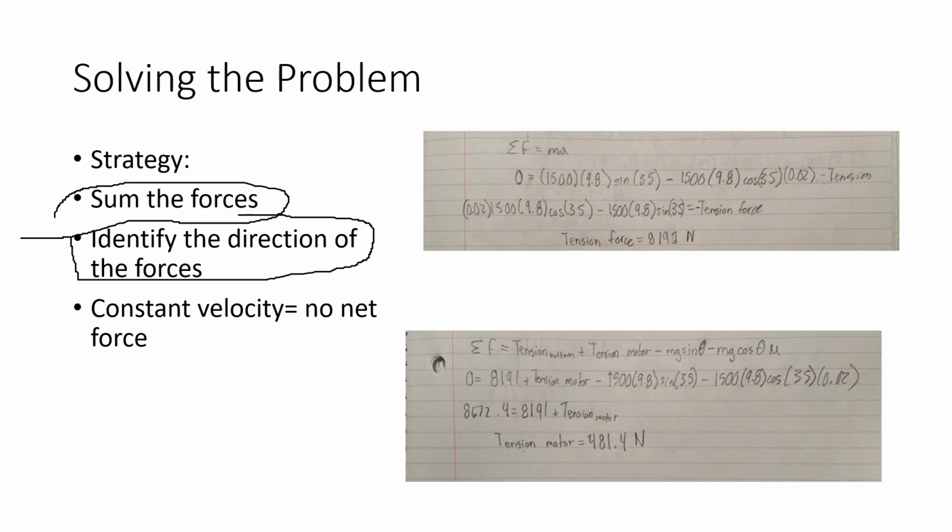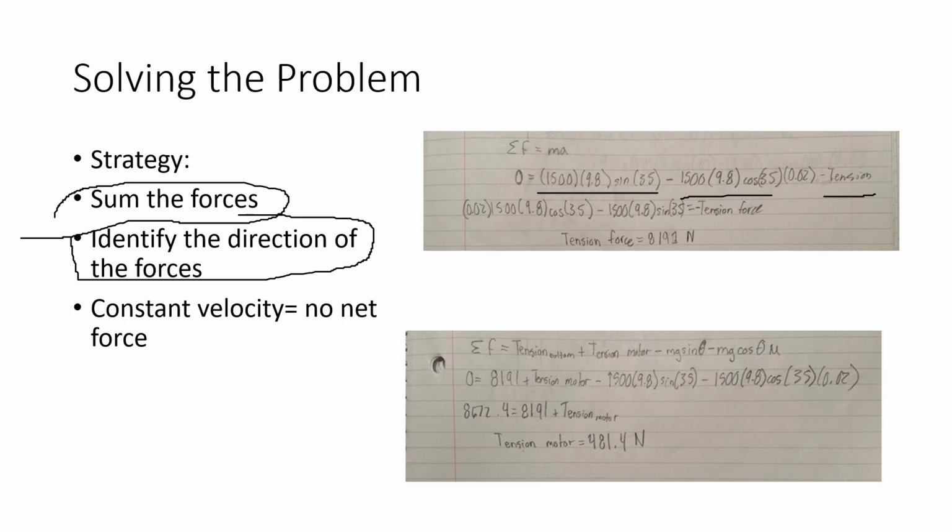So here, this is the component of gravity that's basically pulling that apartment down for the lower apartment. And this is friction that is going against this movement. And of course, tension is also going against this movement.